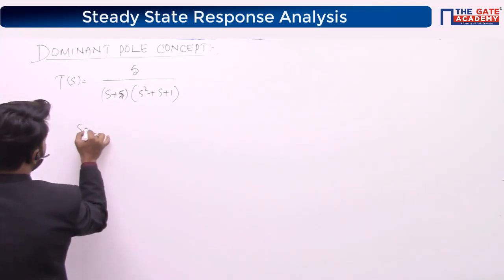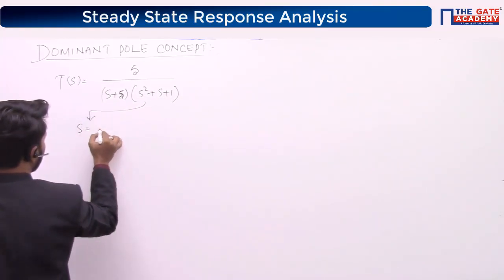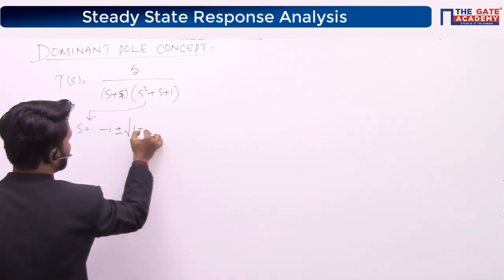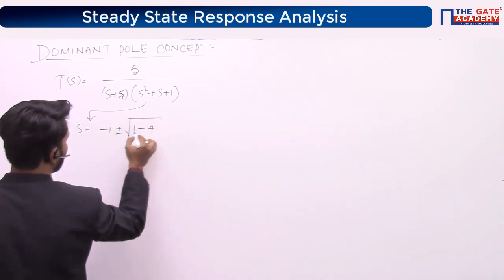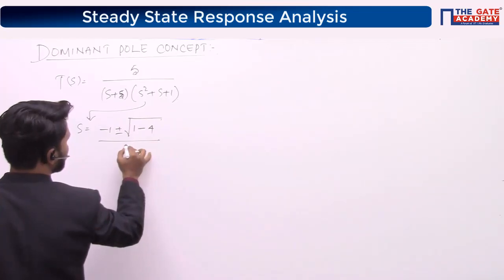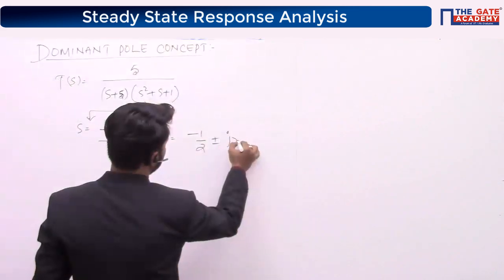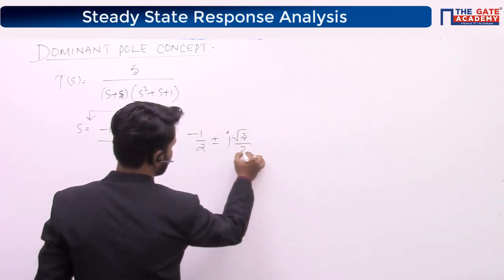So the poles of this are S equal to -1 plus or minus under root 1 minus 4, by 2, right? This is minus 1 by 2 plus or minus j root 3 by 2.